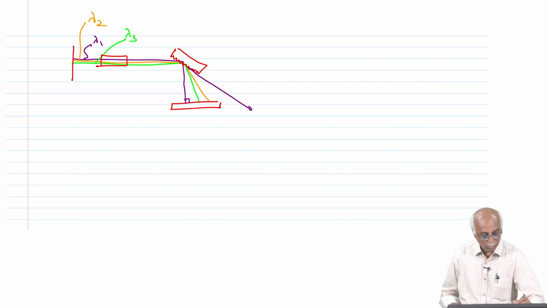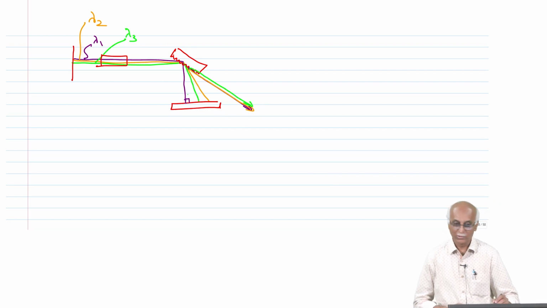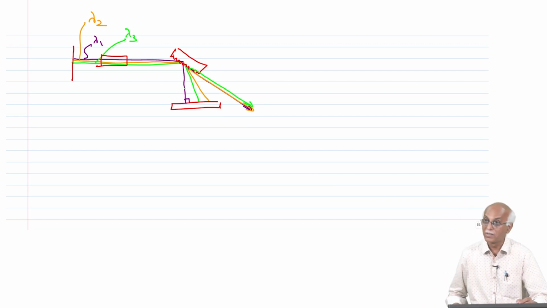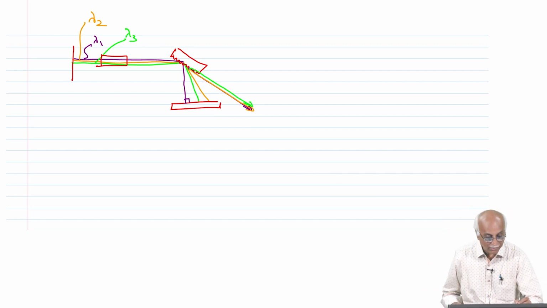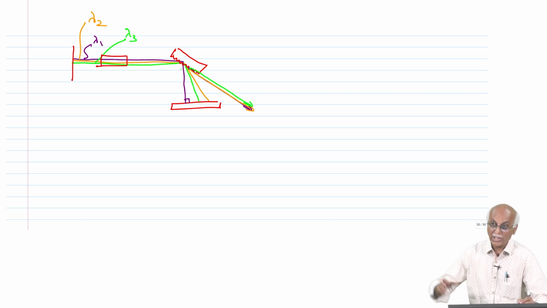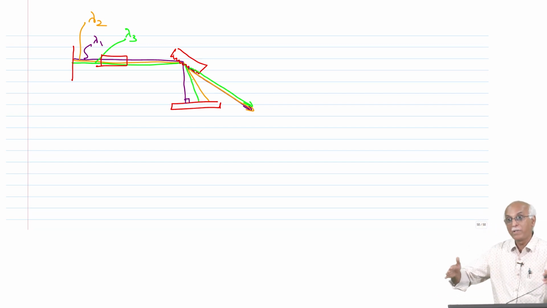So, all the three lights will have the same output angle. If it is first order diffraction, some diffraction comes into the picture. And if I try to use second order, the diffraction will be even larger.